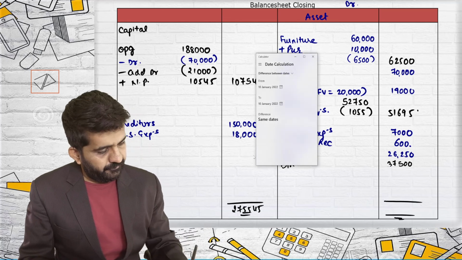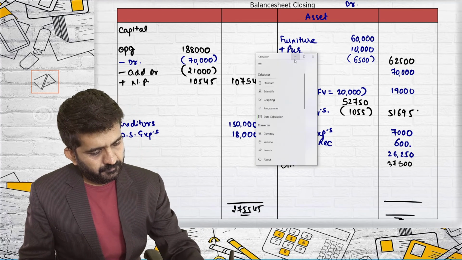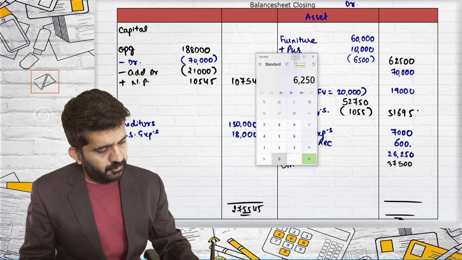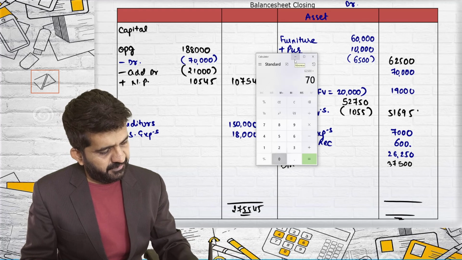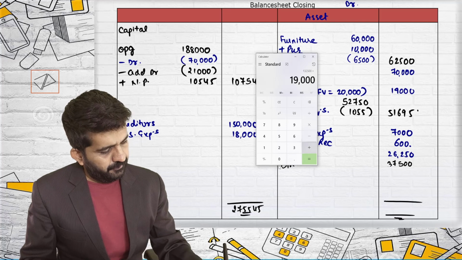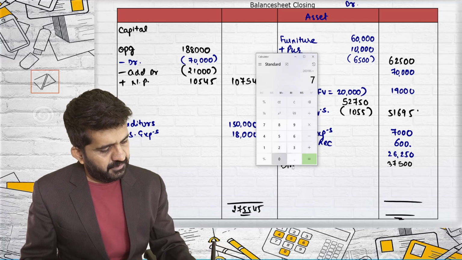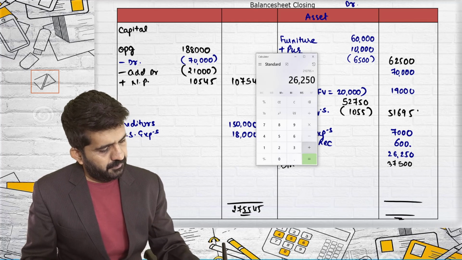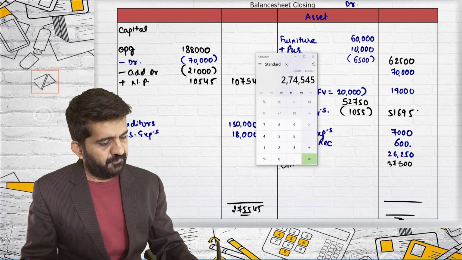This will be 62,500 plus 70,000 plus 19,000 plus 51,695 plus 7,000 plus 600 plus 26,250 plus 37,500.